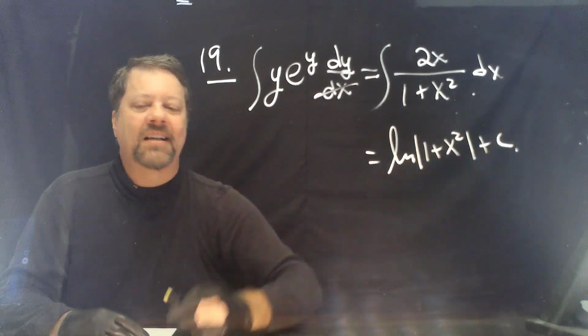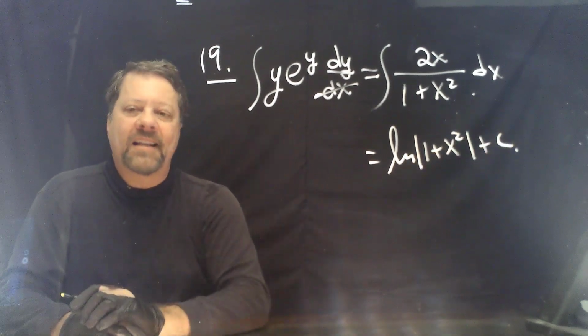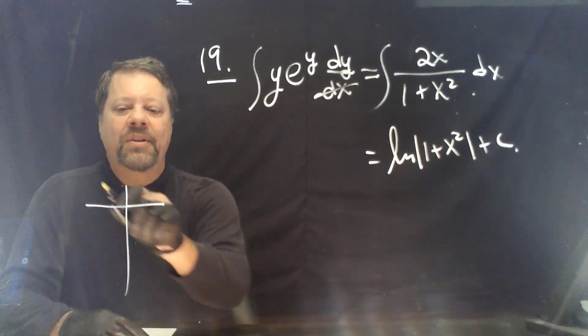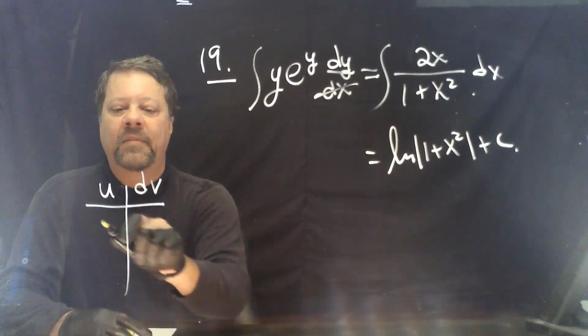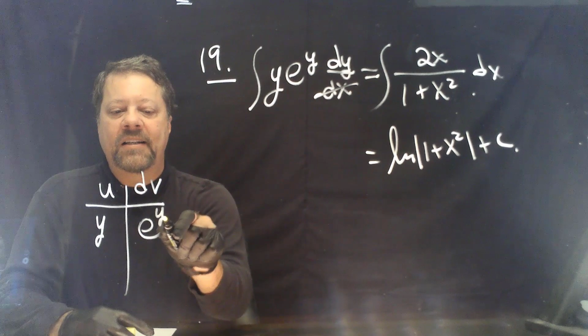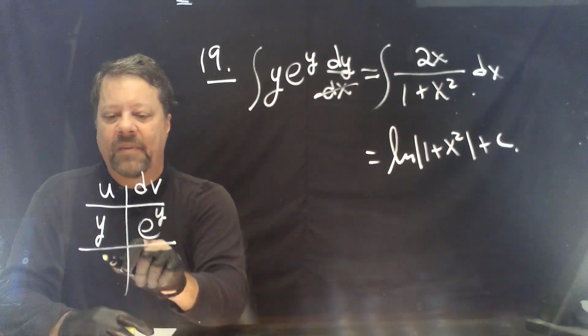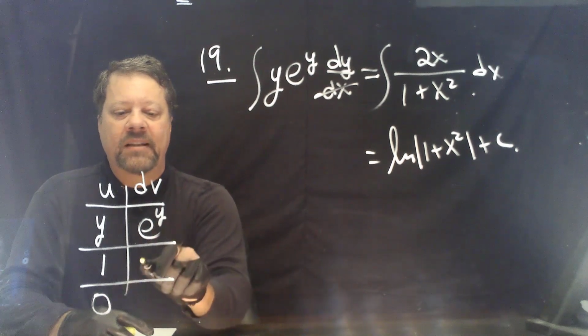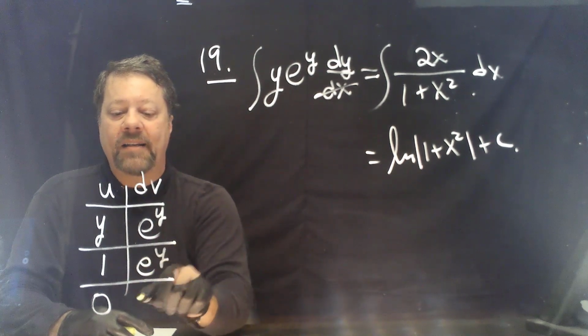On the left-hand side, we need to use integration by parts. We'll do the tabular method. y is the thing we want to differentiate, and e to the y we will integrate. The derivative of y is 1, the derivative of that is 0. The integral of e to the y is e to the y.